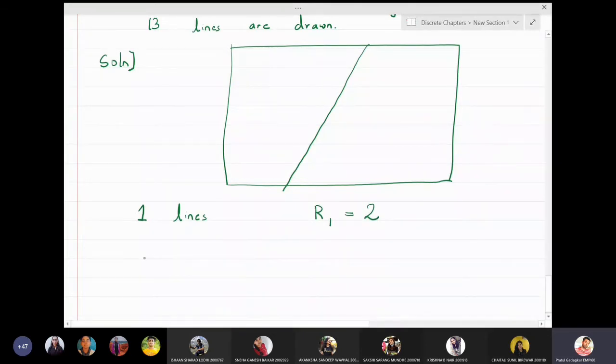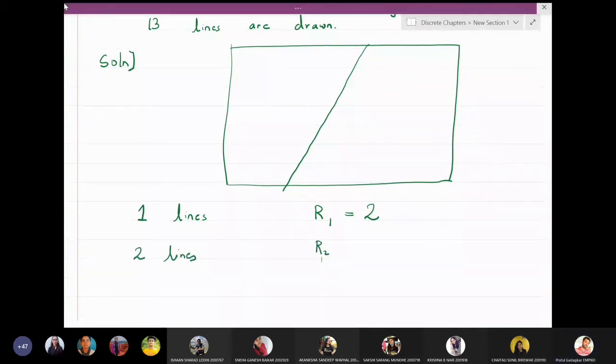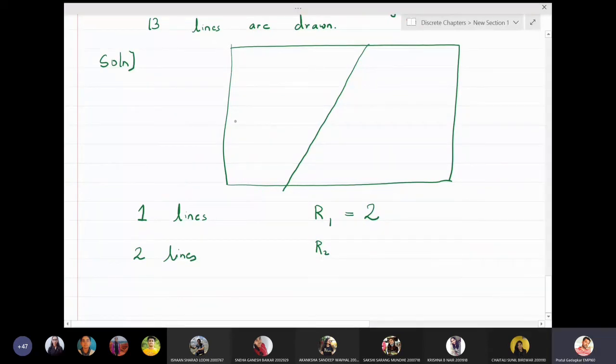If I draw two lines, let me draw two lines in the above figure now. I'm going to get four regions. So R2 is equal to 4. In general, for n lines, the number of regions that we are going to get is called Rn.